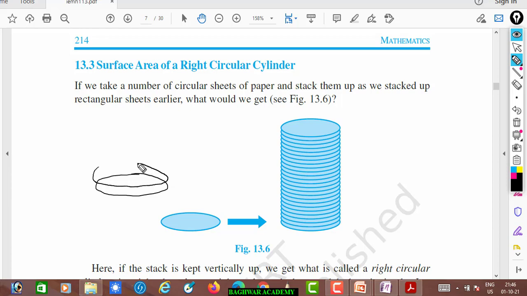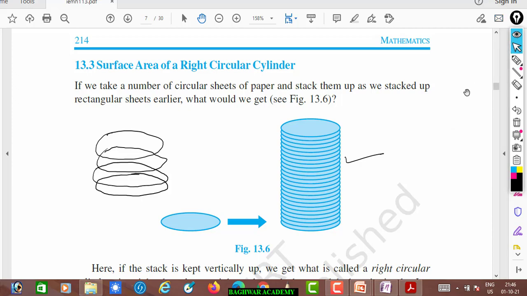So finally, if we stack all similar circular sheets, we will get this figure. This is a right circular cylinder. This will form a shape, and that will be called a right circular cylinder.